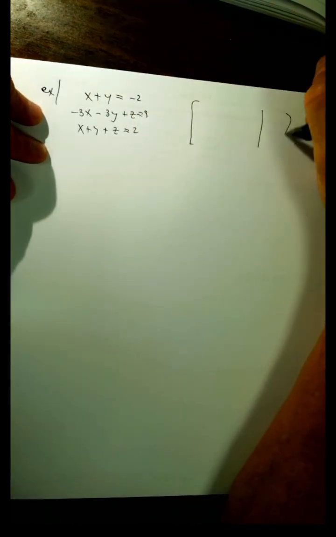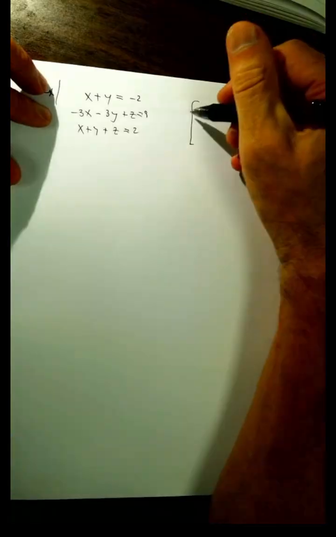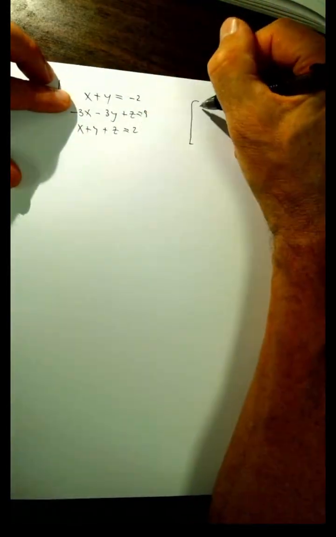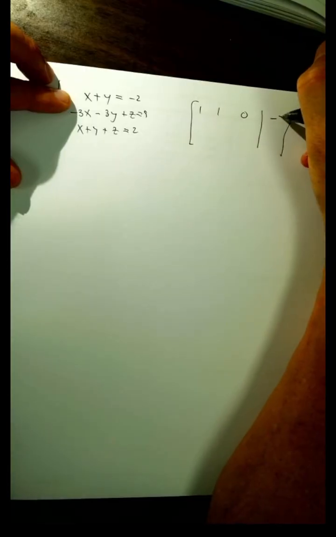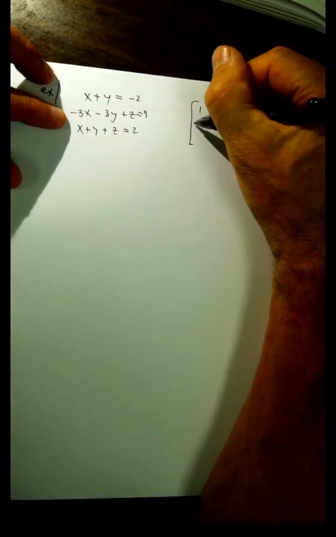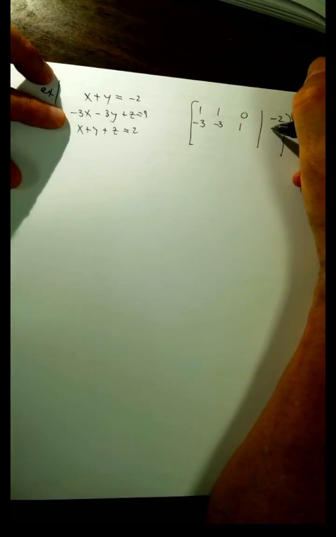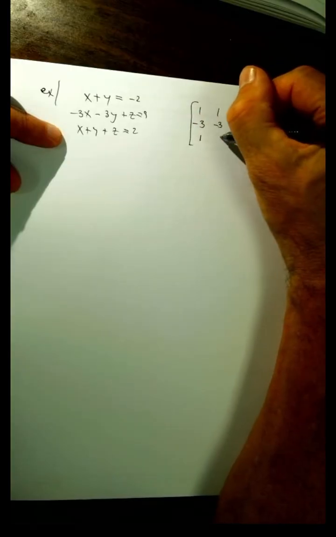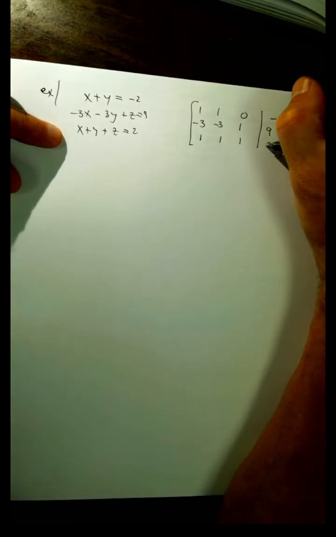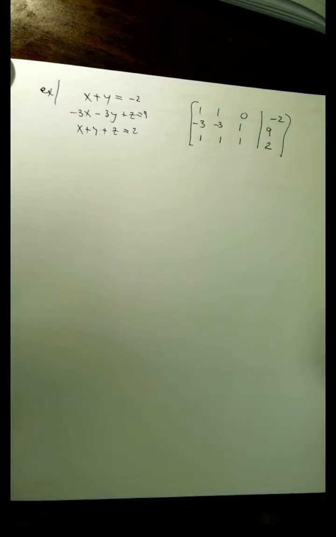When I put this into my augmented matrix, I'm going to have 3 rows, and 3 columns because I have x, y, and z. It's going to be 1, 1, 0 equals minus 2. Second equation is minus 3x minus 3y plus z is 9. And the third equation is x plus y plus z is 2. So there's my augmented matrix.